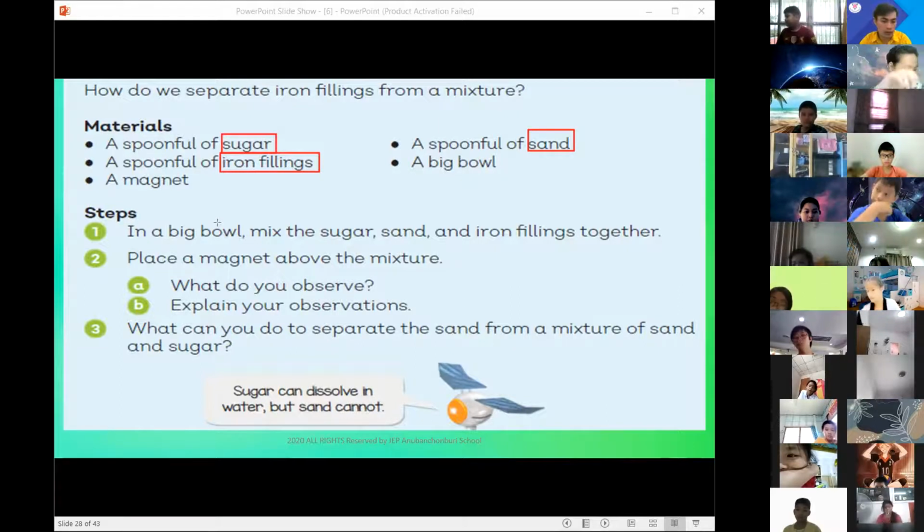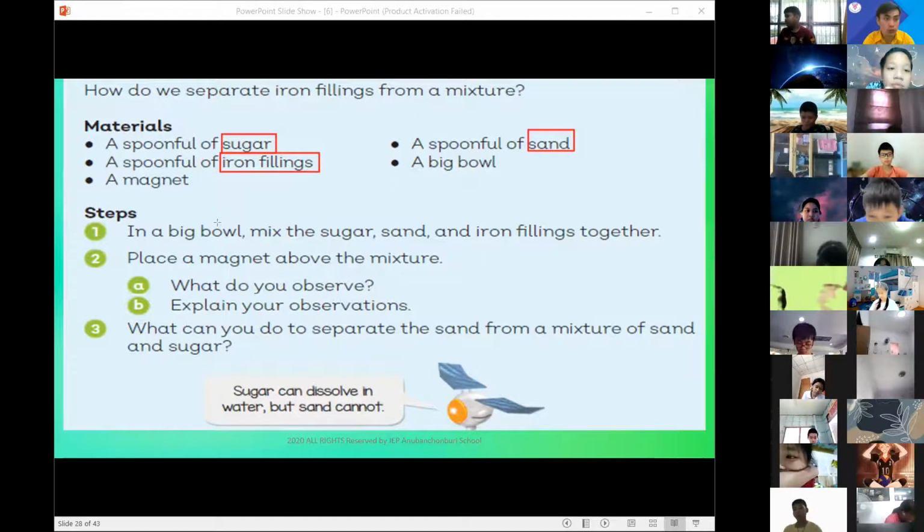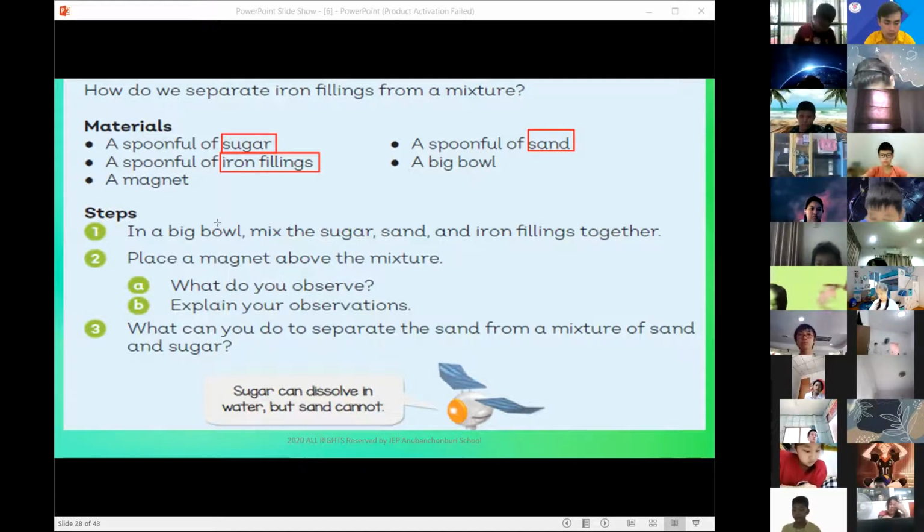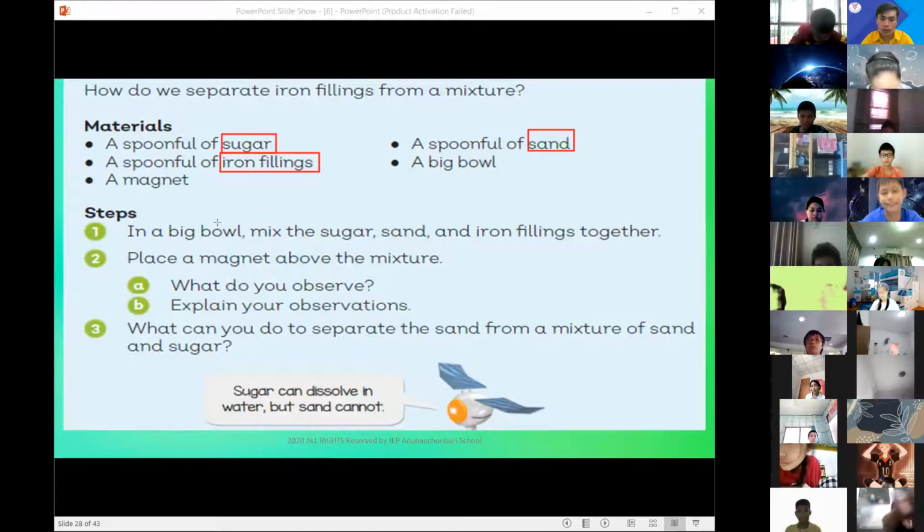I will not make our lesson today very quick. I want it to be very slow so that you will understand properly. So I have here some iron fillings. I will show you. There, perfect. I have it now. Look at this. Can you see that?